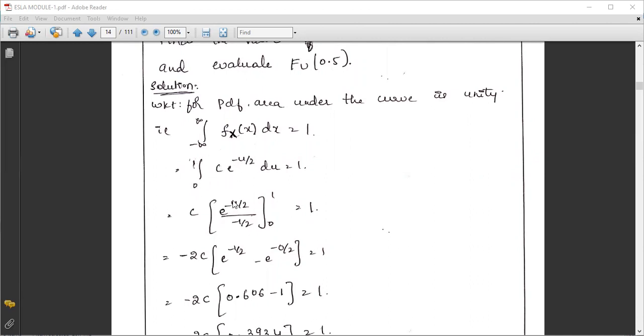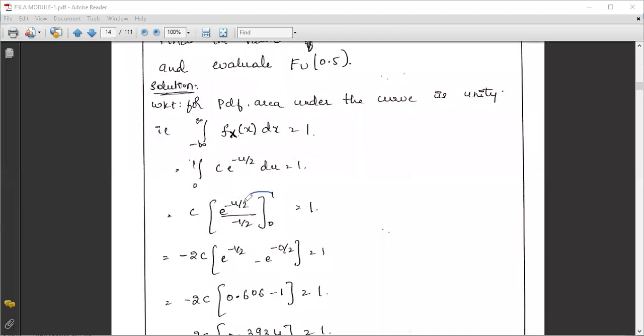We get e power minus u by 2 divided by the coefficient minus 1 by 2, under the limits 0 and 1, which equals 1. Then the denominator minus 1 by 2 goes to the numerator, therefore minus 2c e power minus u by 2, evaluated as upper limit minus lower limit.